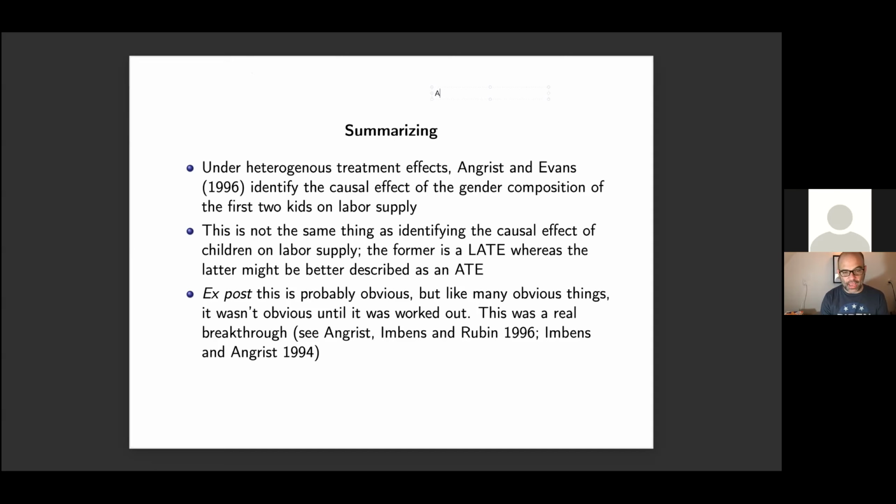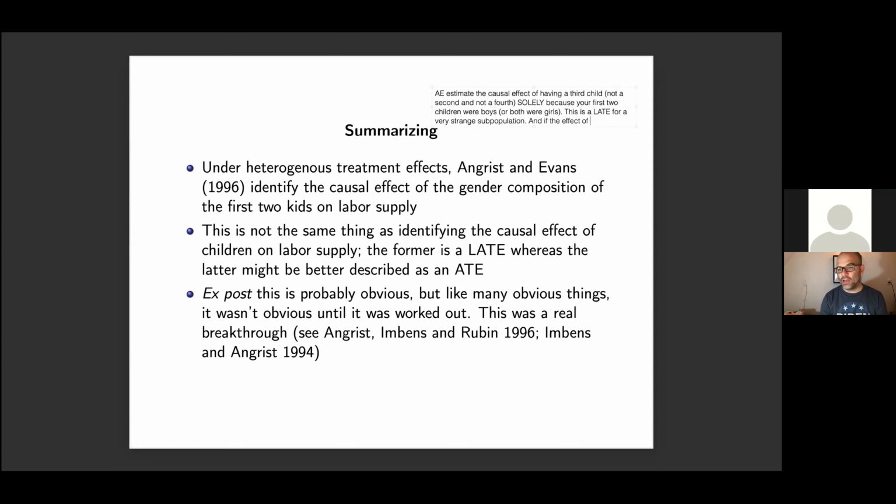First, Angrist and Evans estimate the causal effect of having a third child, not a second, and not a fourth, solely because your first 2 children were boys or girls, right? So this is a LATE for a very strange subpopulation.